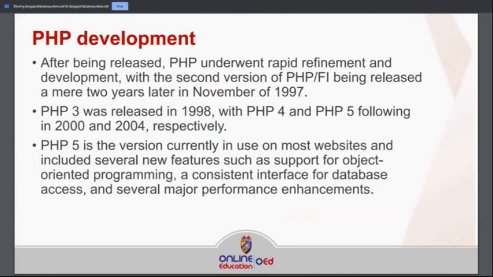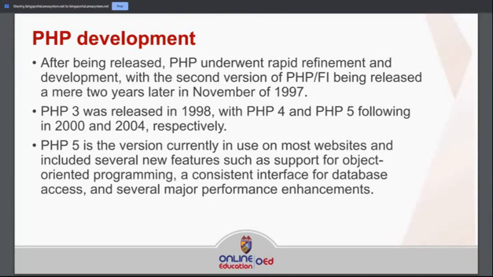Let's talk more about PHP development. After being released, PHP underwent rapid refinement and development, with the second version, PHP FI, being released a mere 2 years later in November of 1997. PHP 3 was released after that in 1998, with PHP 4 and PHP 5 following in 2000 and 2004 respectively.